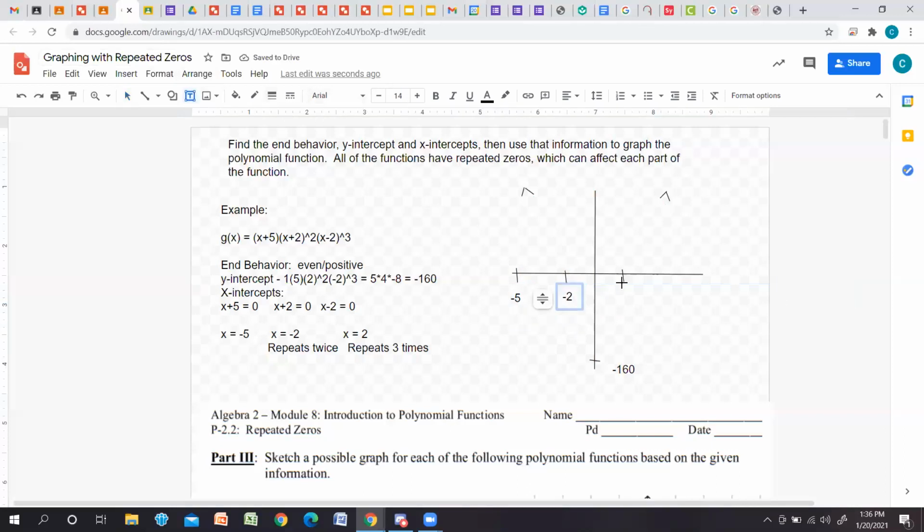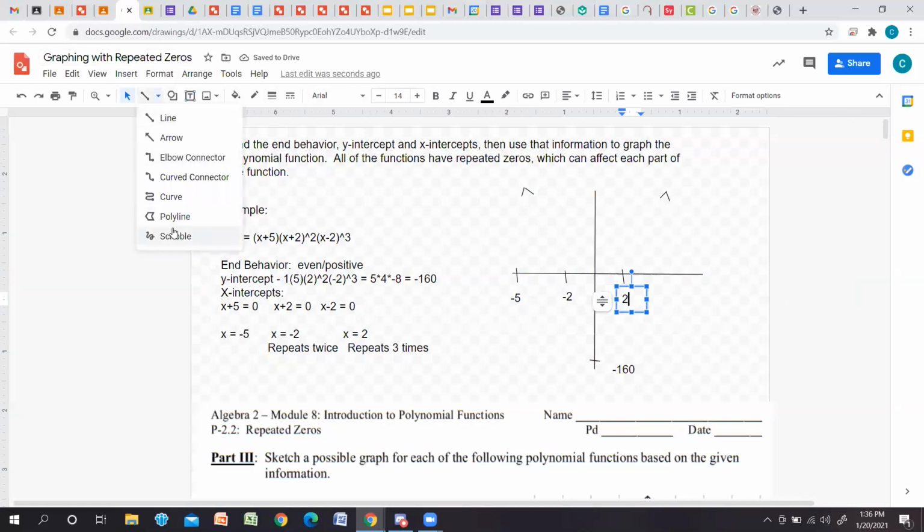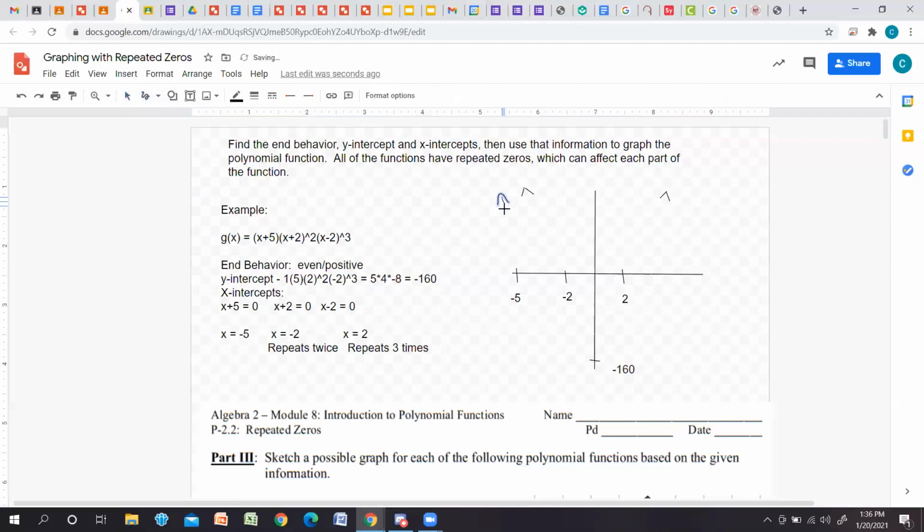Okay, and so I'm going to start up here in the positive and try to go through each of the intercepts and make sure we have the correct behavior. So right up here, start up here. Okay, it goes through normally through negative 5 since that doesn't repeat.